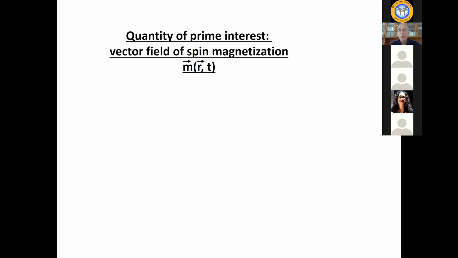Okay, now when we talk about magnetism, the quantity of prime interest, the object that you want to calculate ultimately, is the observable that is called the spin magnetization density. It's a vector field. So think about it. If you have an electron that moves throughout otherwise empty space, then one can say, well, this electron has a spin and it has a charge.